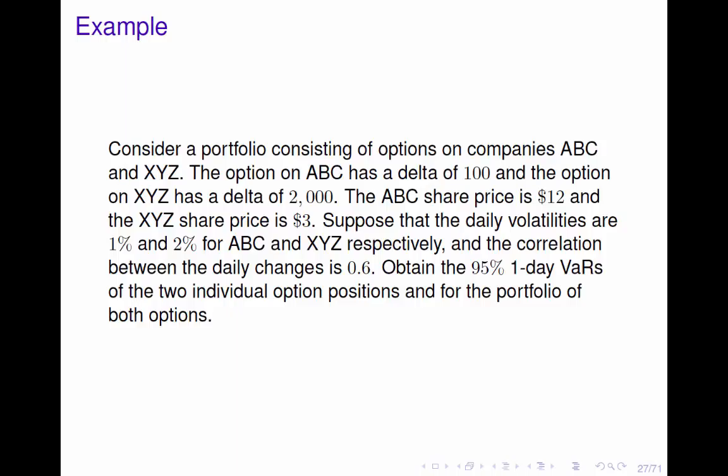Suppose that the daily volatilities are 1% and 2% for ABC and XYZ respectively, and the correlation between the daily changes is 0.6. Can you obtain the 95% one-day VARs of the two individual option positions and for the portfolio of both options?